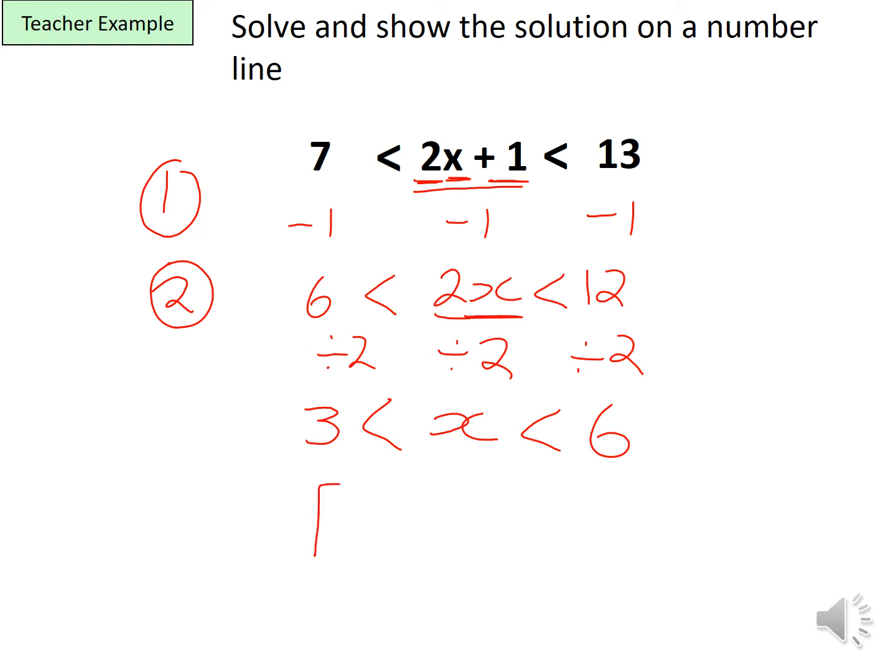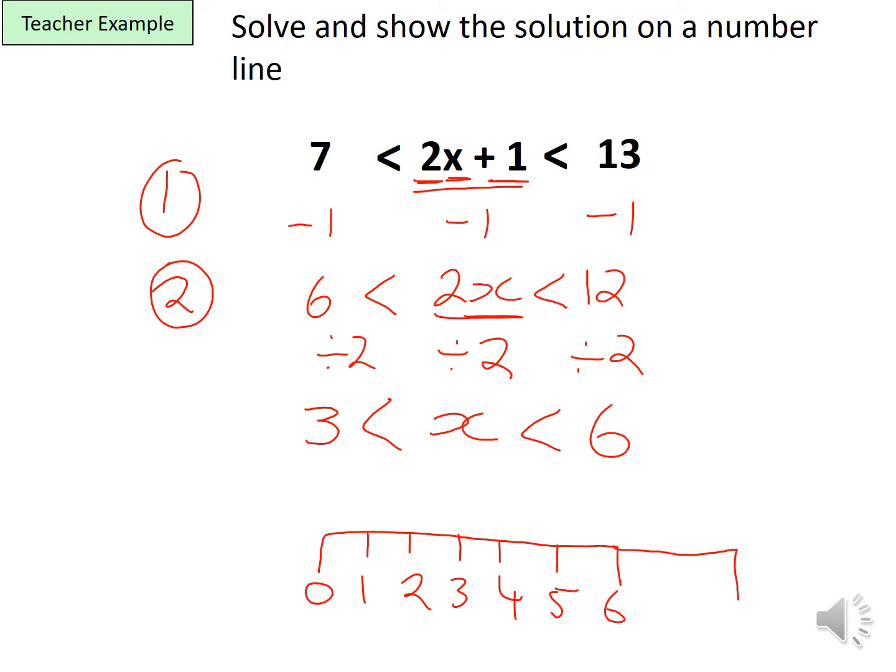I'm going to do a number line here: 0, 1, 2, 3, 4, 5, 6. I'm going to do just up to 8, 7, and 8.